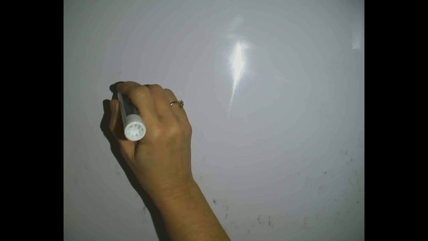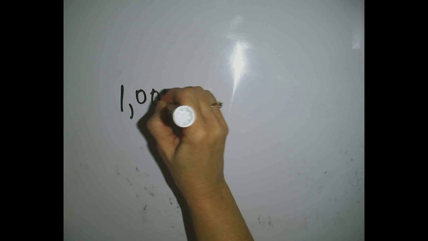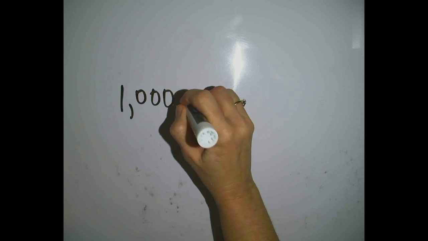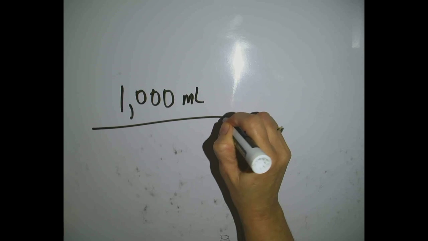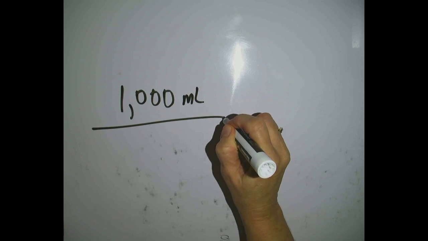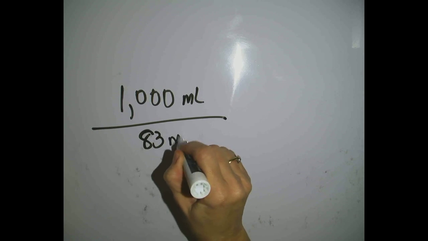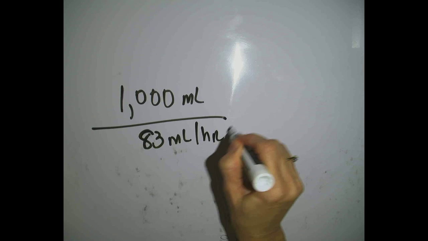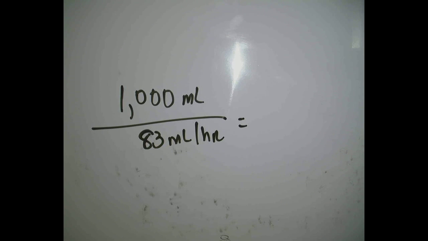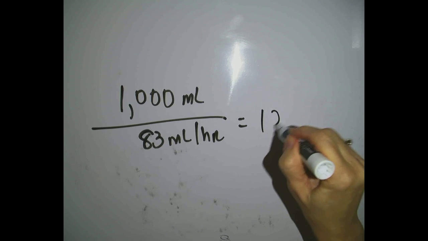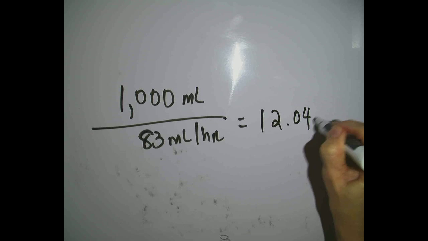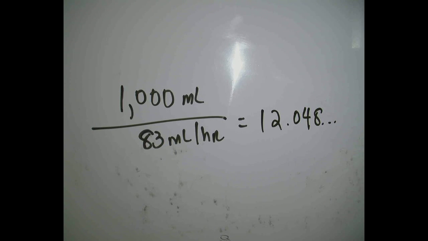In the first example, we're going to infuse 1,000 milliliters of normal saline, and we are infusing at a rate of 83 milliliters per hour. So using these calculations, we're going to take 1,000 divided by 83, and we will come up with 12.048 and some additional numbers.